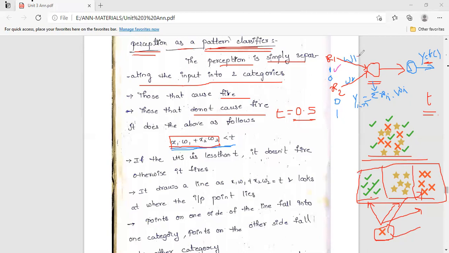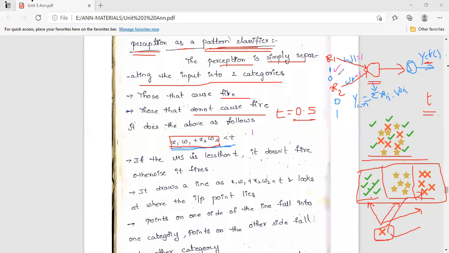Initially, assume the W1 value is 1 and the W2 value is also 1, both the same. If x1 is fired, which means activated, then what is the value of x1 into W1? 1 into 1, obviously 1.